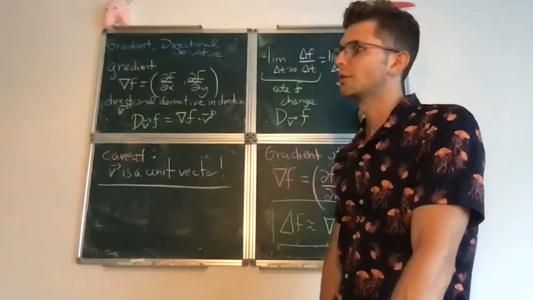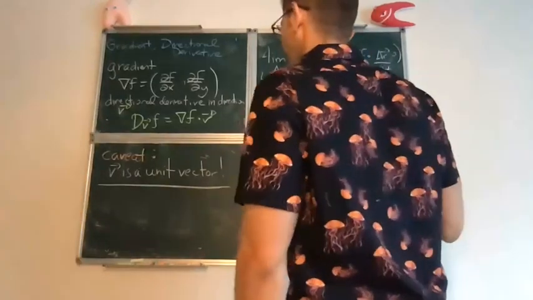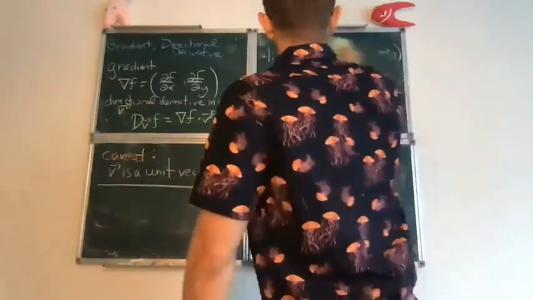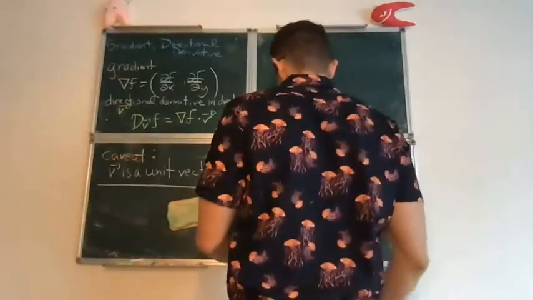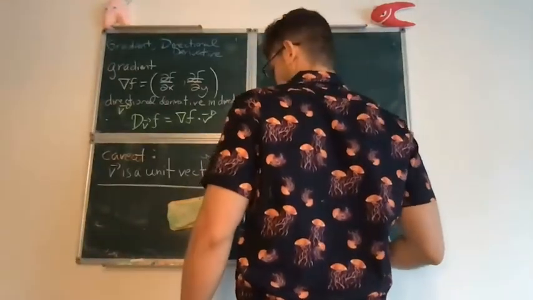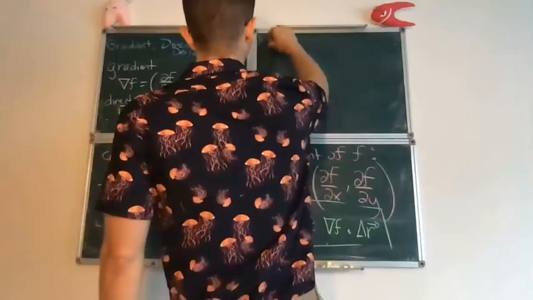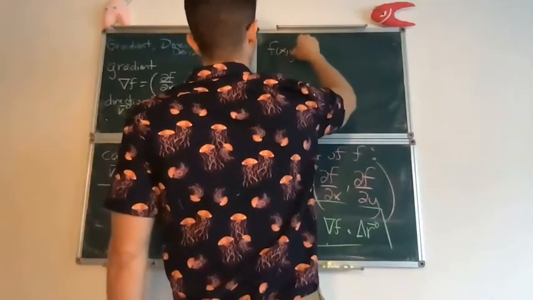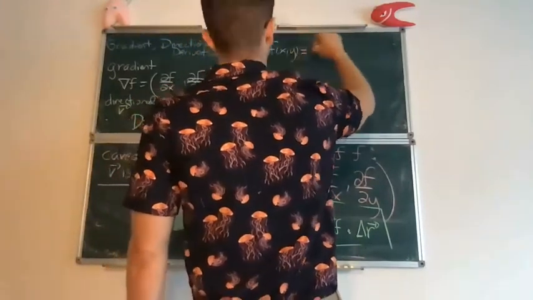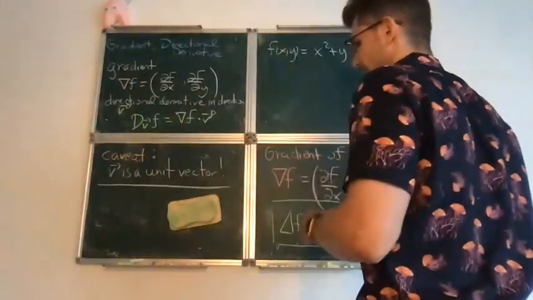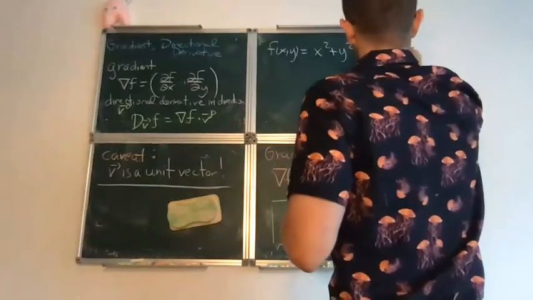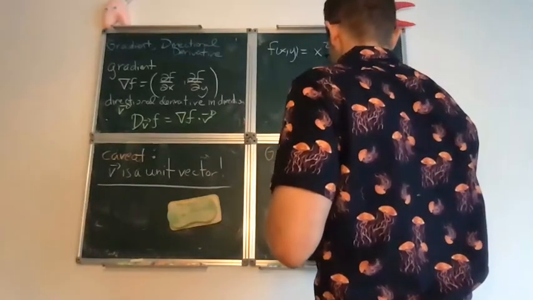Okay, so as an example, let's compute some directional derivatives and gradients. So if, for example, f of x, y is x squared plus y squared, which is our salad bowl, then this is how the graph looks.